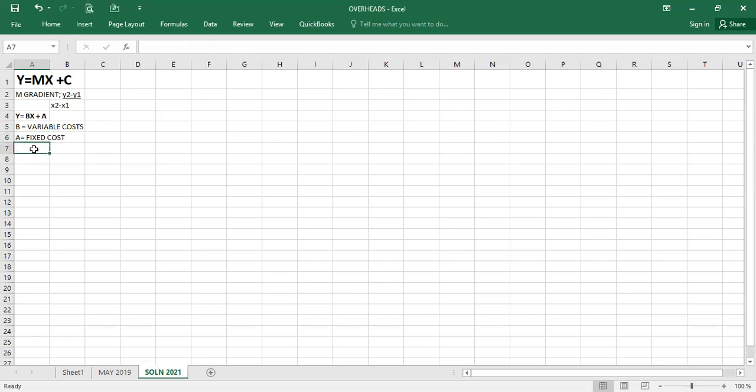Then this x will equal the output, and the y will equal the total costs. So we are going to be using this along with the computations we are going to be handling.